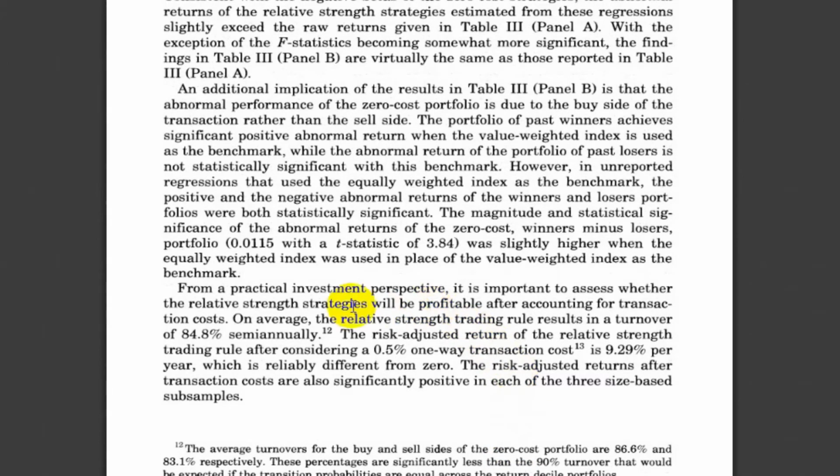From a practical standpoint, we want to know, when you add in the trading costs, is it really profitable to utilize a relative strength strategy? The authors note that the turnover for using this strategy is almost 100% every 6 months. And so using a 0.5% one-way transaction cost for the trades, the risk-adjusted return from utilizing the strategy is 9.29% per year. And this is across all 3 size-based subsamples.